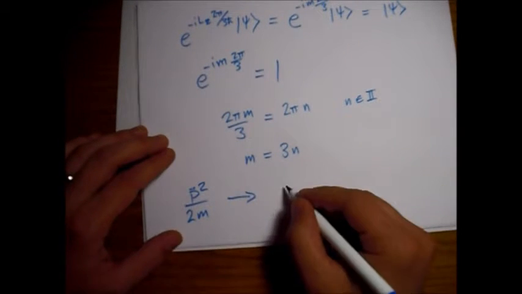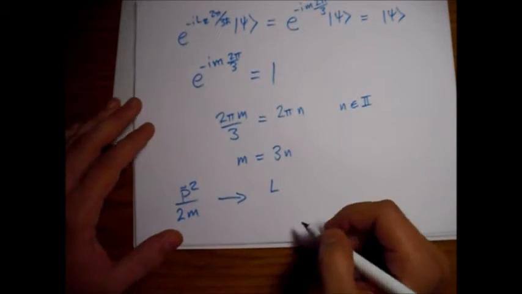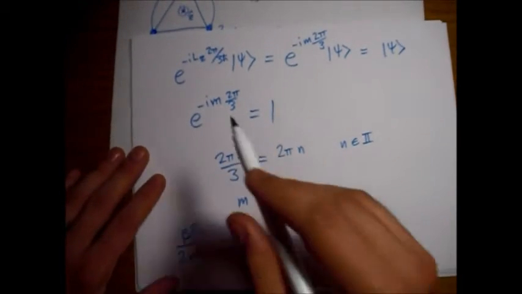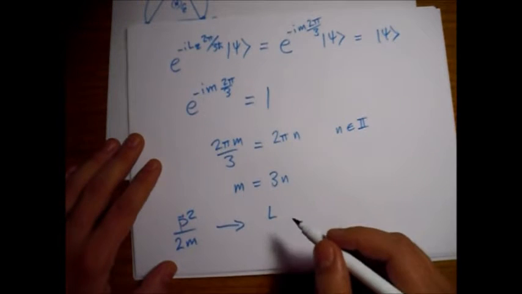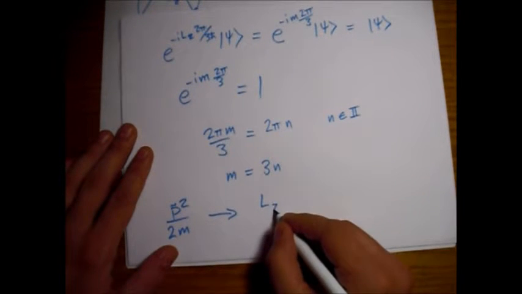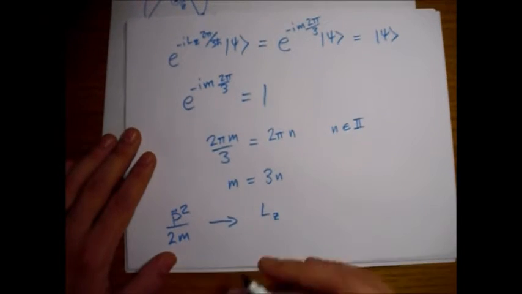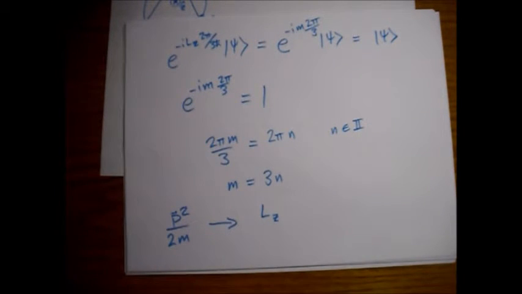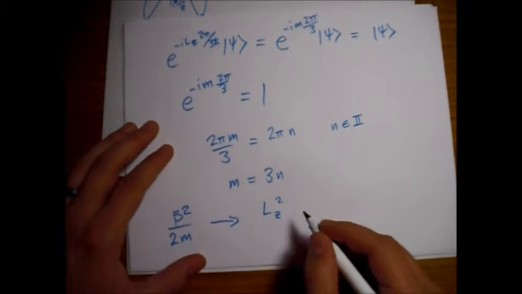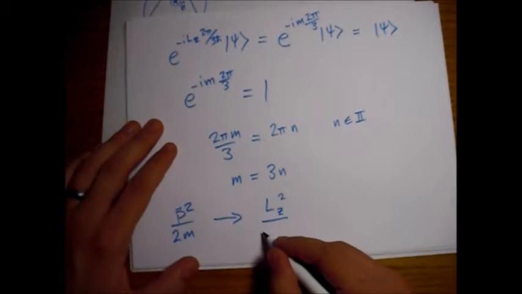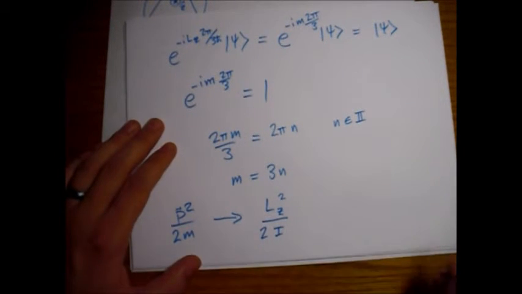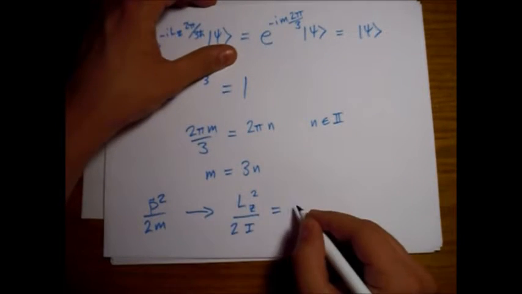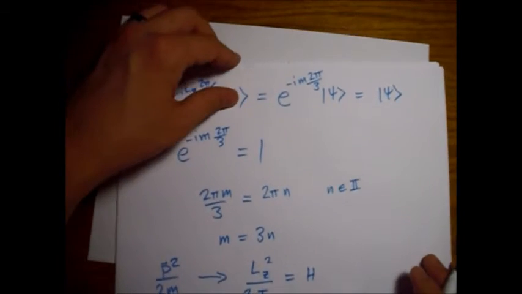In the rotational case, we have L squared over 2I, but here we only have rotation about the z-axis. So this will just be an L z squared, and then instead of m, we get I, where I is the moment of inertia. So this is going to be our Hamiltonian.